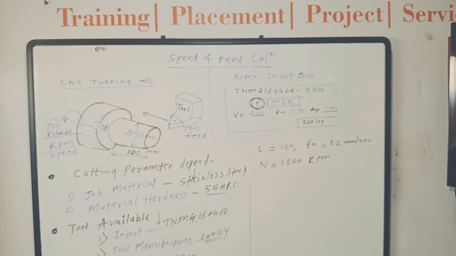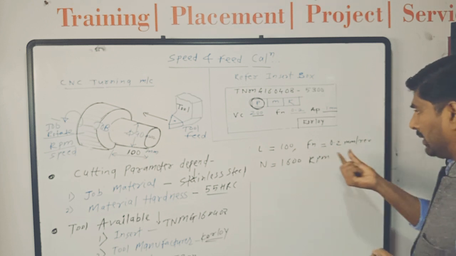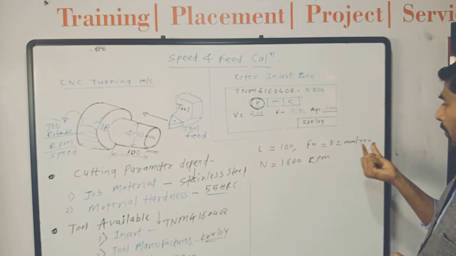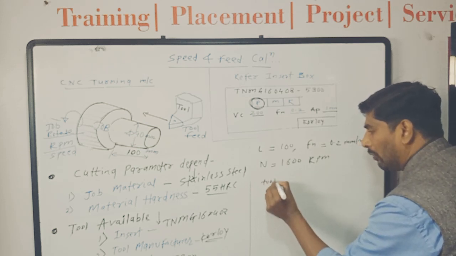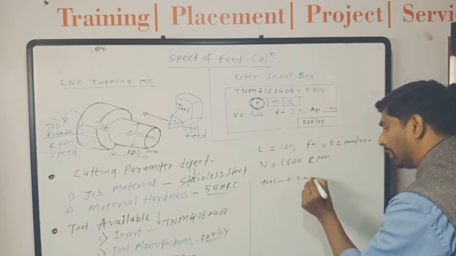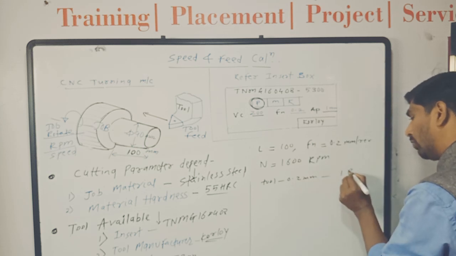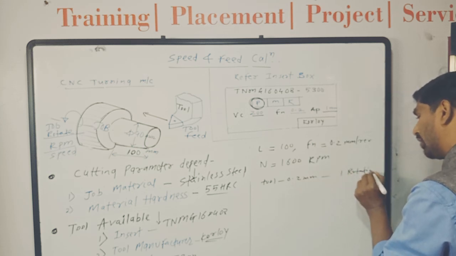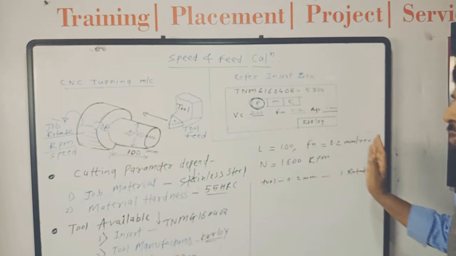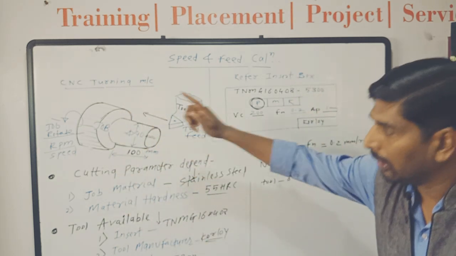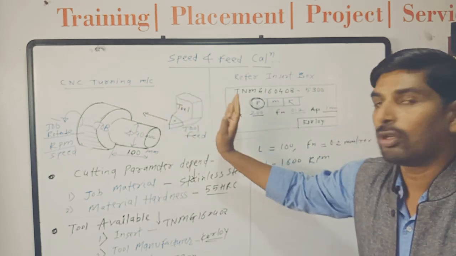Now, how to find out? According to the feed given, 0.2 mm per revolution, what is the meaning? Your tool will travel 0.2 mm in one rotation of the spindle. When the spindle takes one rotation, the tool travels 0.2 mm. Again one revolution, 0.2.